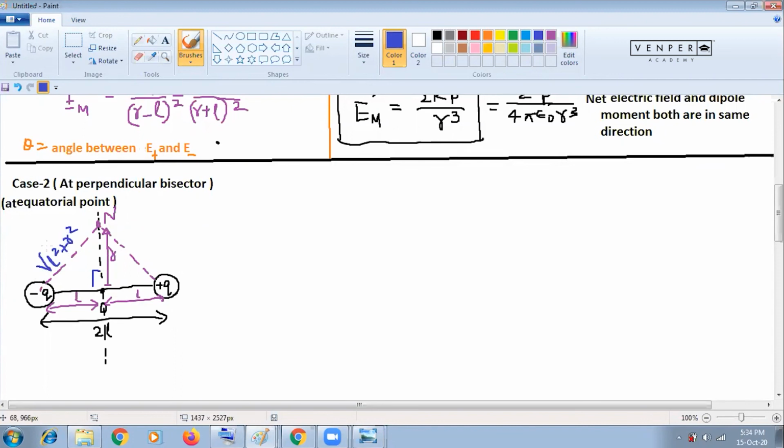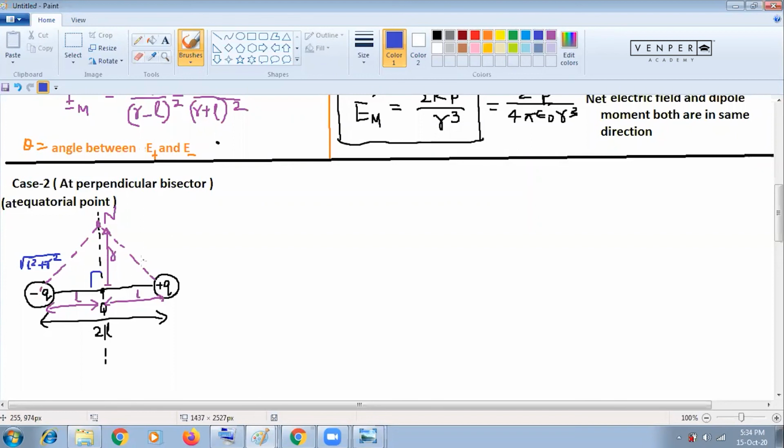And this distance is how much? You can write like this. Since it is 90 degree, you can write it is L square plus R square, like this.